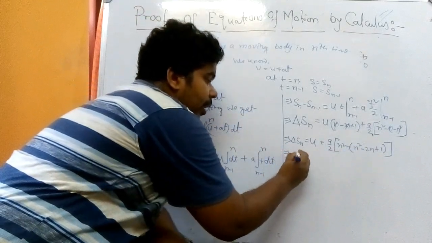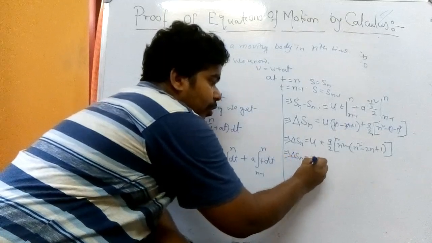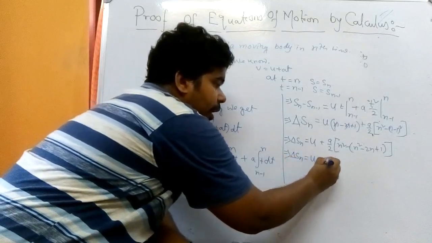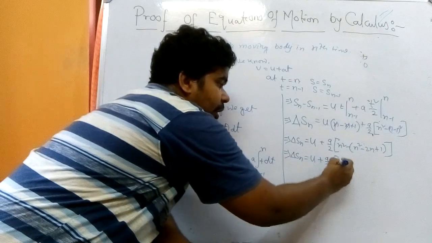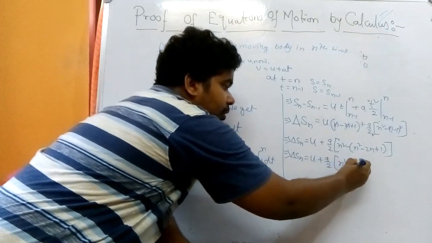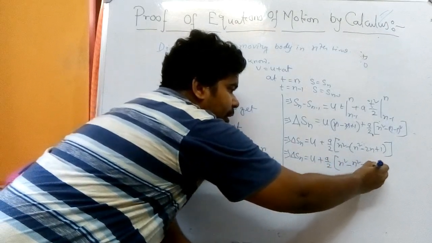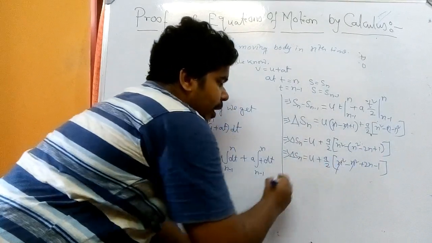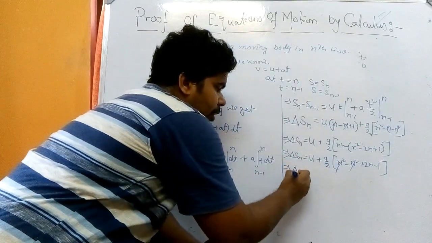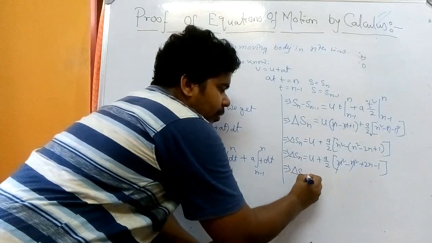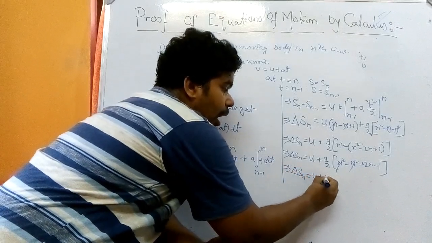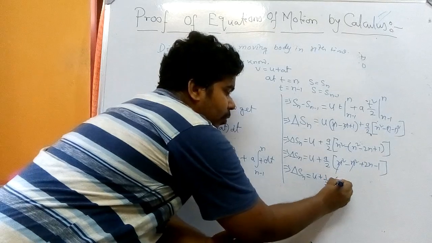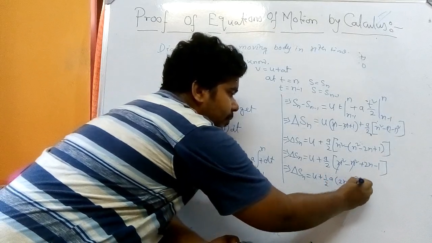So delta Sn is equals to u plus a by 2 n square minus n square plus 2n minus 1. So n square minus n square will be cancelled out. At last our equation has come, delta Sn equals to u plus half of a into 2n minus 1.